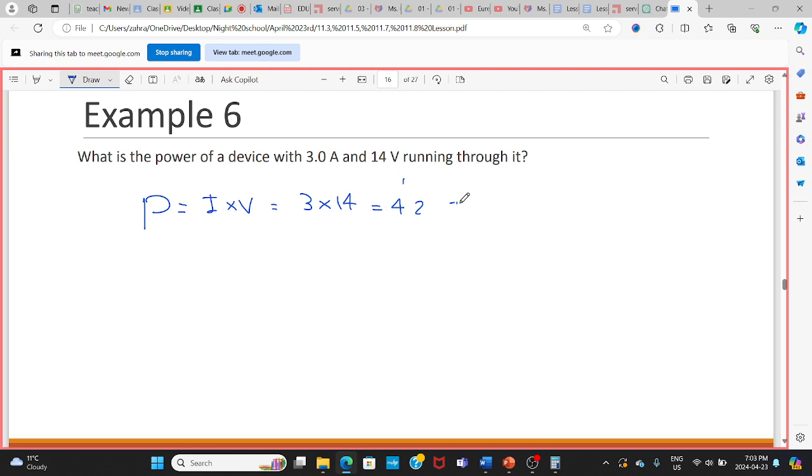I can say that joule per second, or I can say this is watts, right? Or you know that is amp multiplied by voltage. So any unit is acceptable because this is amp and this is the volt, right? Can use any of those units.